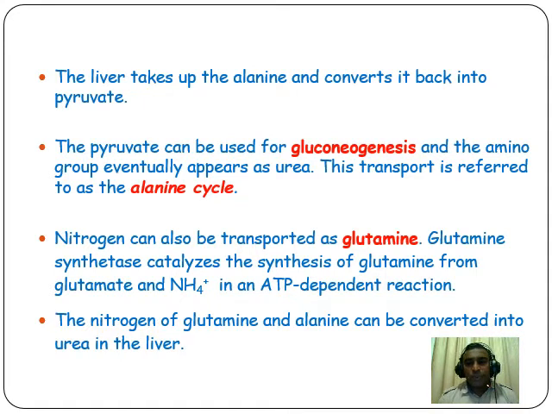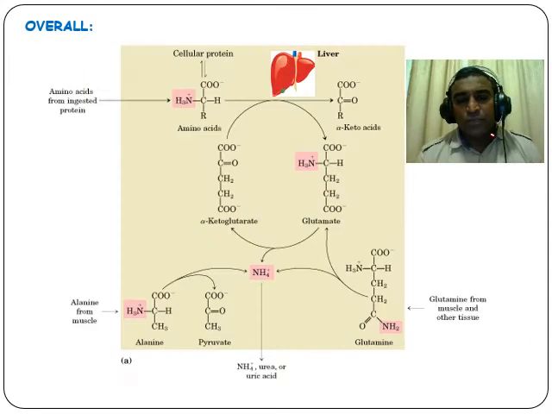Better you see the next slide, which shows in detail the transportation from tissues other than the liver, brought as alanine as well as glutamine. Alanine, once it arrives from, say, muscle, will be broken down to pyruvate in the hepatocyte, and then the free ammonium will also be released.